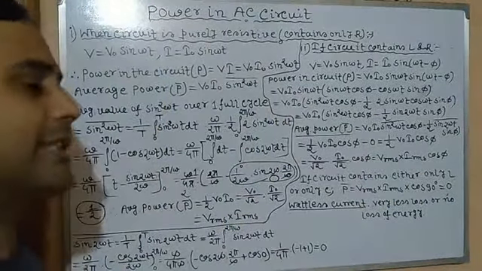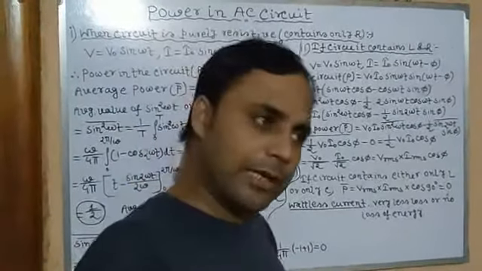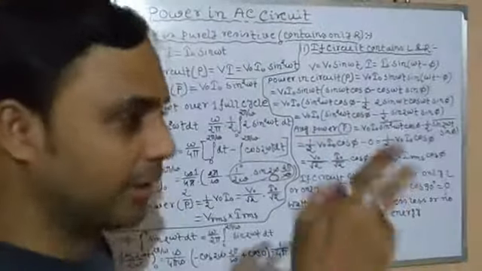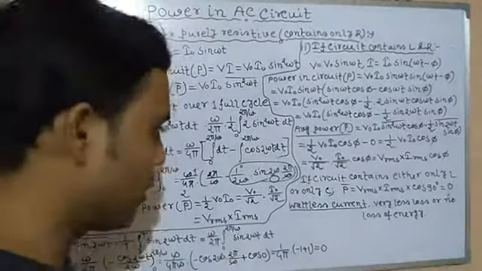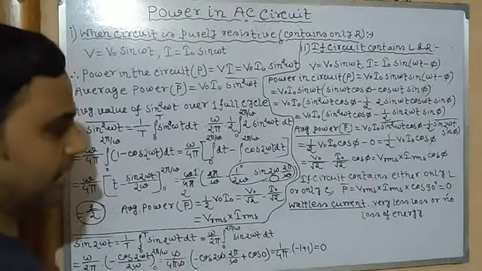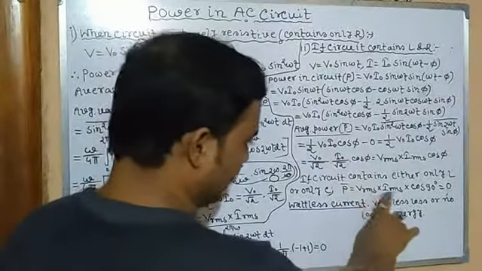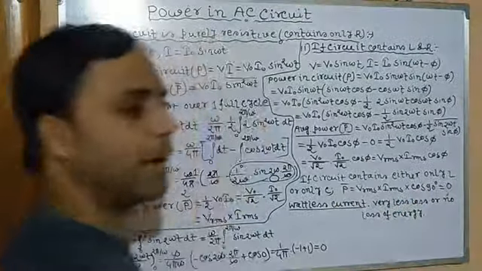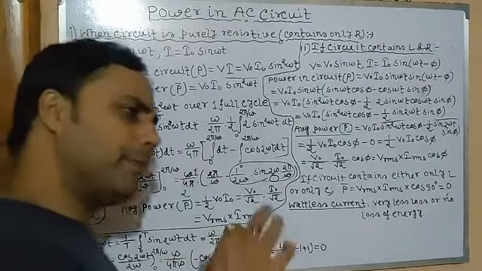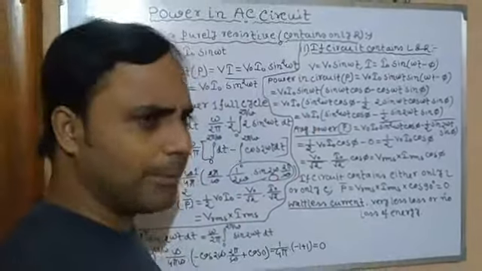So in both the cases, purely inductive or purely capacitive, the phase difference is always phi between current and voltage. So in a purely inductive or capacitive circuit, we have the average power VRMS IRMS into cos phi, where phi is 90 degrees. Phi may be either minus 90 or plus 90, we should not have any headache.